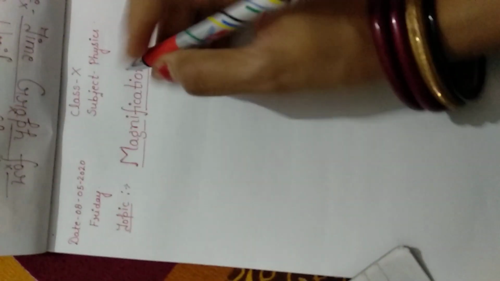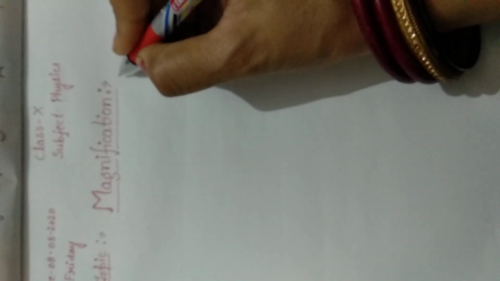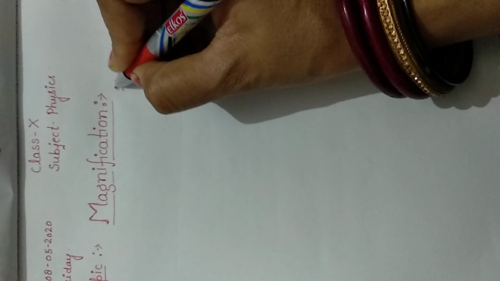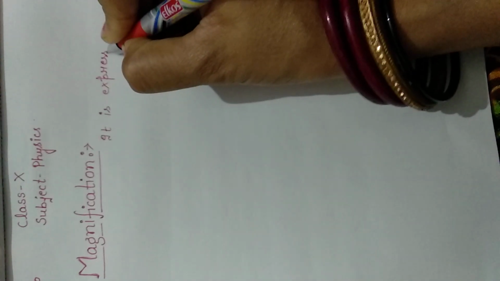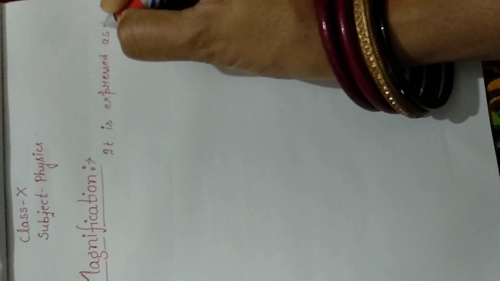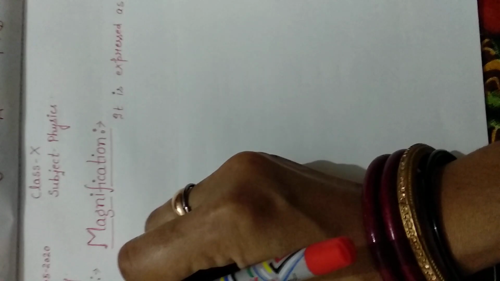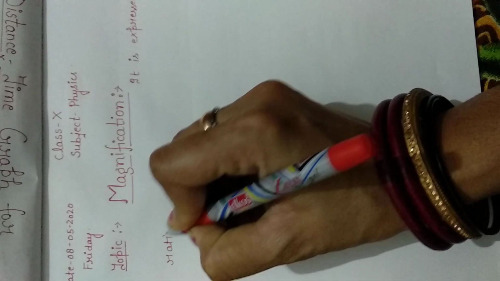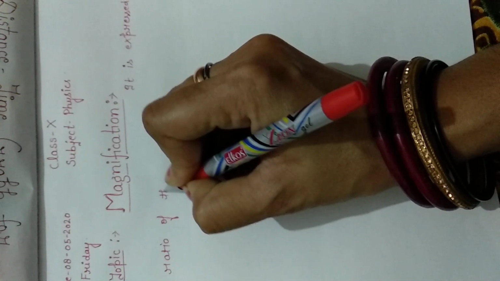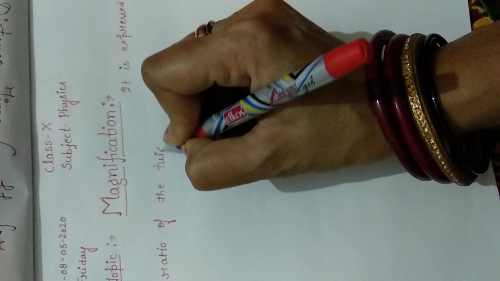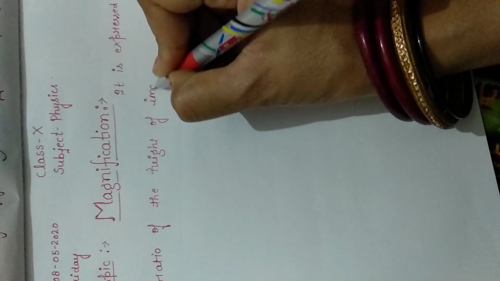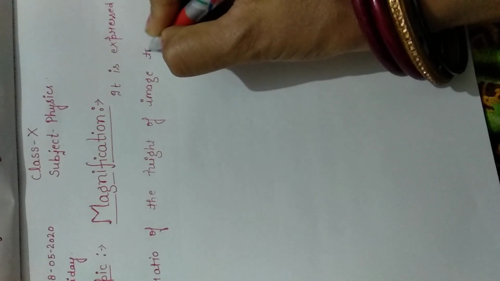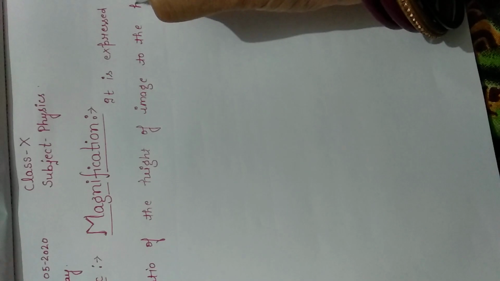So what is magnification? If we want to give the definition, it is expressed as the ratio of the height of image to the height of object.